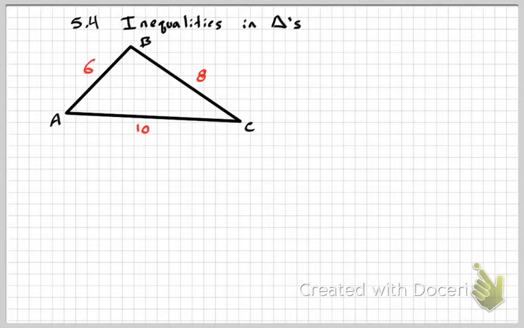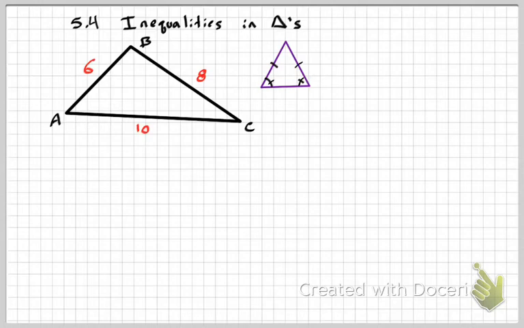All right. Now, before we actually start, let's review something really quickly. So remember when we were talking about isosceles triangles, and we knew that if two sides were the same, then the angles opposite them were also the same, right? And the converse of that was also true, in that if two angles were the same, then the sides opposite them were the same.